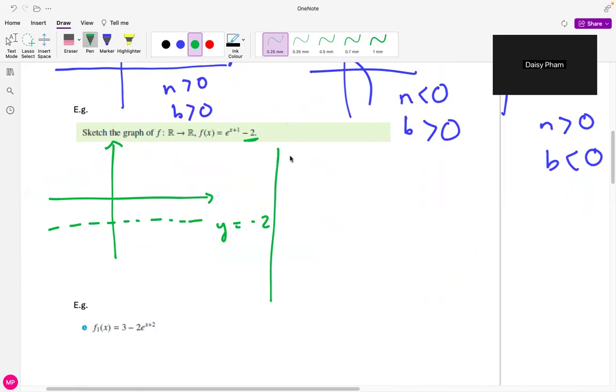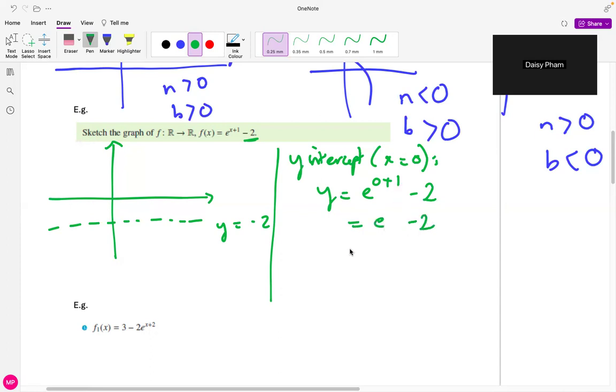So I'm going to find the y-intercept. To find the y-intercept, I let x equal 0. So substitute 0 in. y equals a to the power of 0 plus 1, minus 2. a to the power of 1 equals a, minus 2.